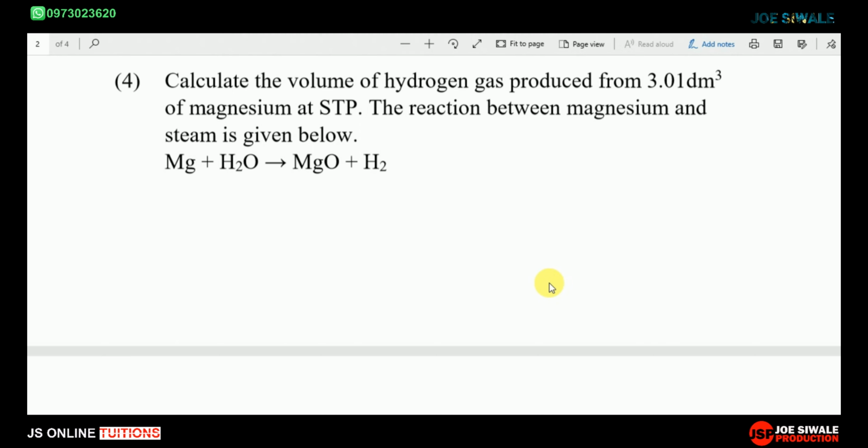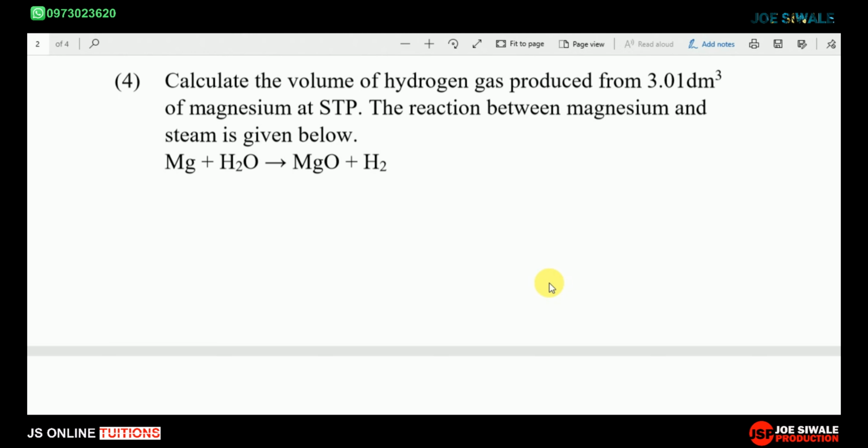So question 4 reads, calculate the volume of hydrogen gas produced from 3.01 cubic decimeters of magnesium at standard temperature and pressure. The reaction between magnesium and steam is given below. So we have magnesium plus steam is equal to magnesium oxide plus hydrogen gas. So I said the first thing that you need to ensure is that the equation that has been given is a balanced chemical equation. So as you can see, that's a balanced chemical equation.